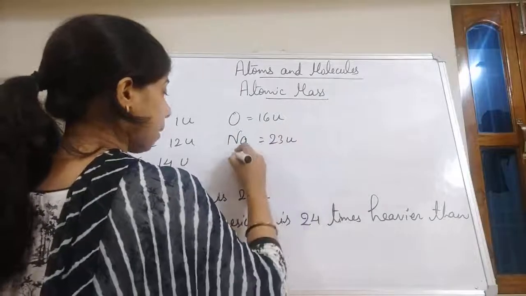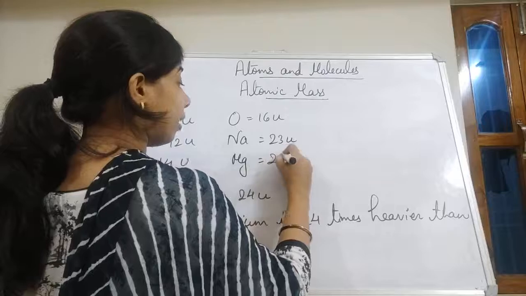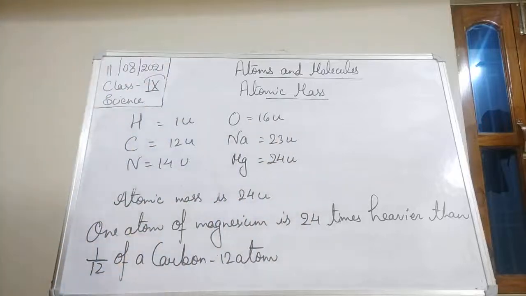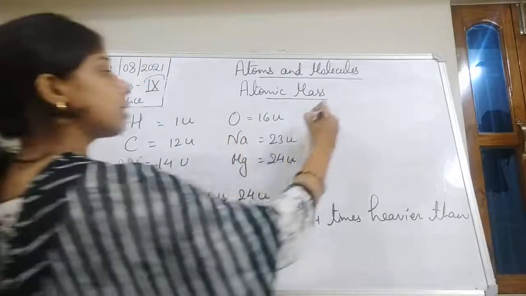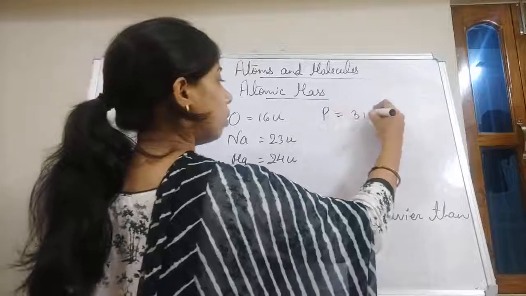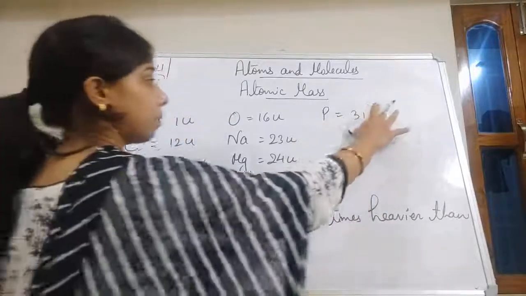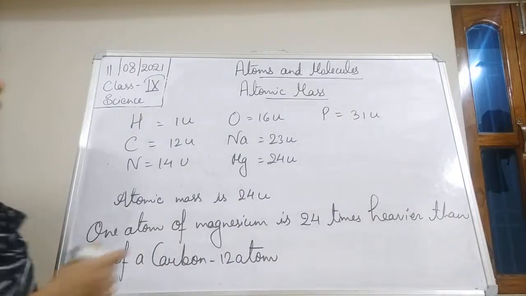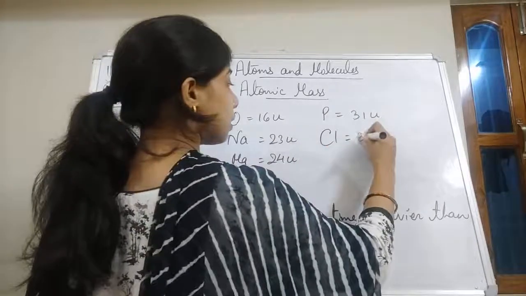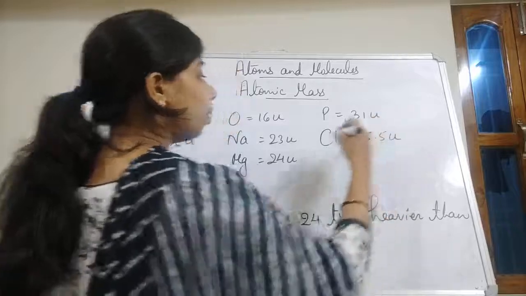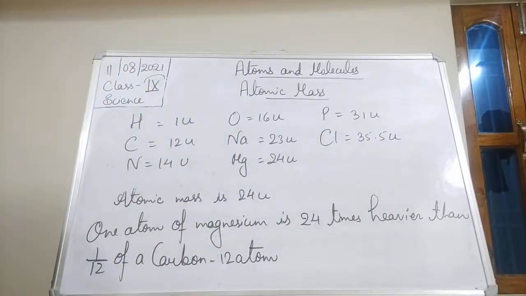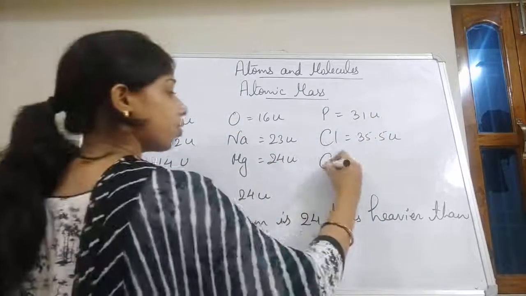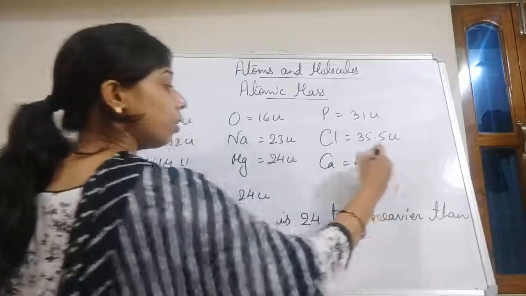Then sodium is there, which is 23 u. Then magnesium is there, which is 24 u. Then phosphorus is there, which is 31 u. You must know the symbol also. It is really important to know the symbol. Then chlorine is there, which is 35.5 u. Then calcium is there, which is 40 u.